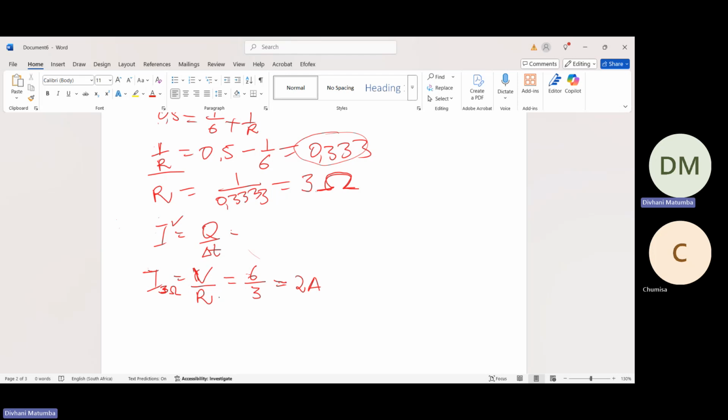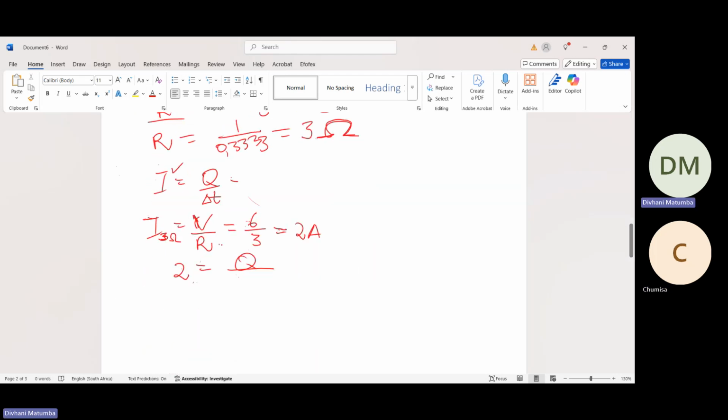Now we have the value of I going through the 3 ohm resistor, or through the bulb. So we know that 2 equals Q over change in time. Our change in time is 1 minute, which is 60 seconds. So I'm going to write 1 times 60 seconds. How do we calculate the value of Q?